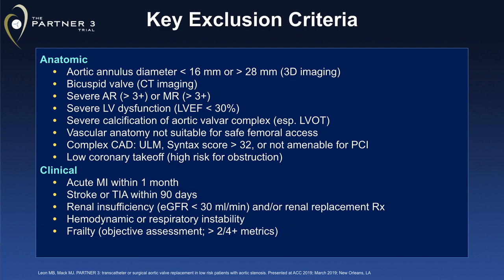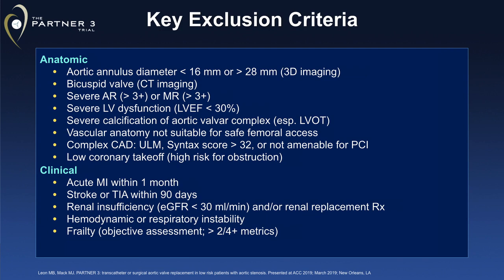It is rare, but some patients can have a very thick chunk of calcium in the outflow tract of the left ventricle below the valve, and that's a risk for rupture. So if they have certain criteria of that, they had to be excluded.